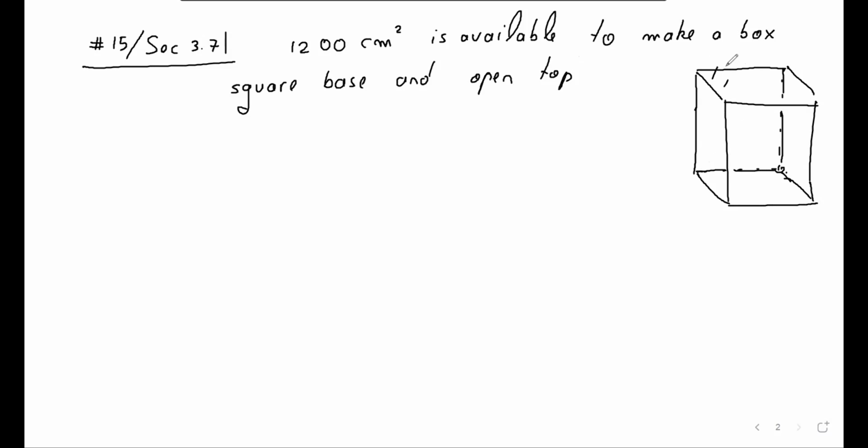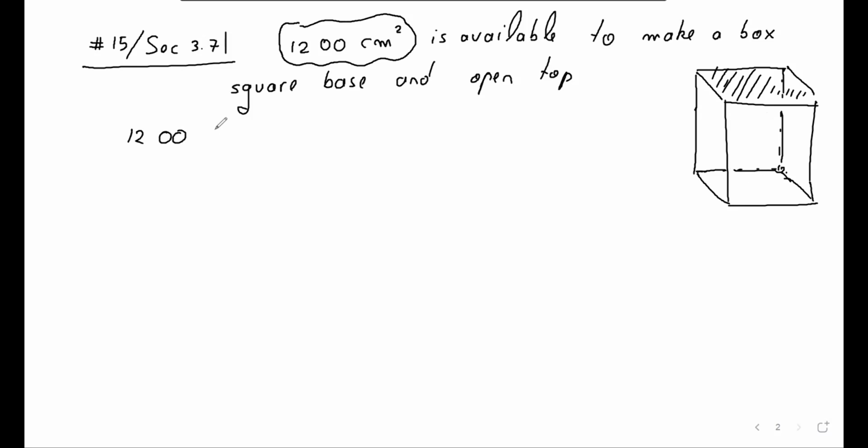And again, remember there's no top here, so it's an open box. What is this 1200 centimeters squared to begin with? Well, folks, by looking at the unit, you see that it represents an area. It represents the exterior area of this box. So that's what that 1200 represents.